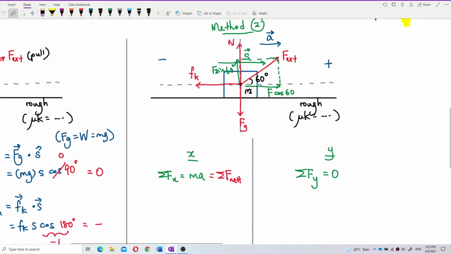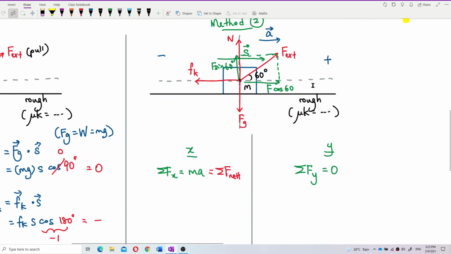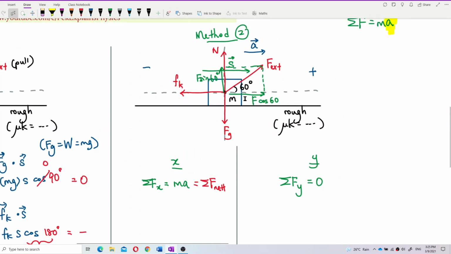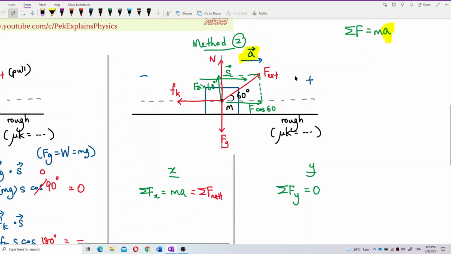So look at the x component. We have two forces: F cos 60 and the friction. Which force should be positive? For method 2 you need to draw the acceleration, because we need to know which force is positive and which is negative.